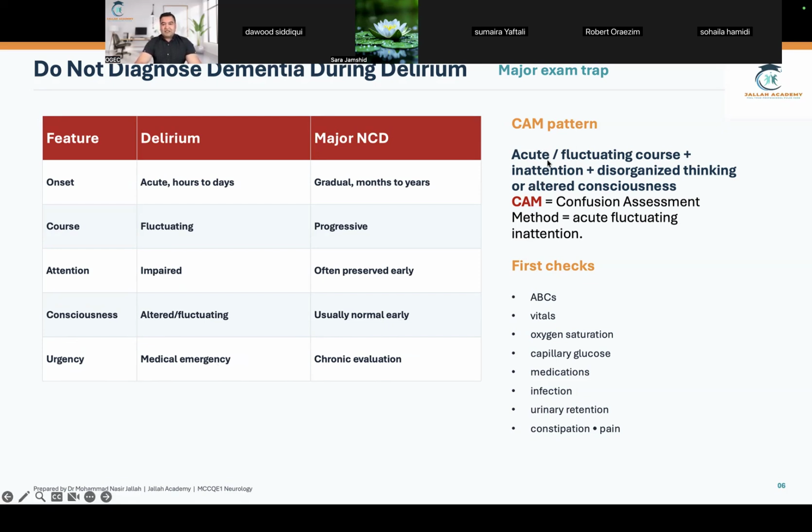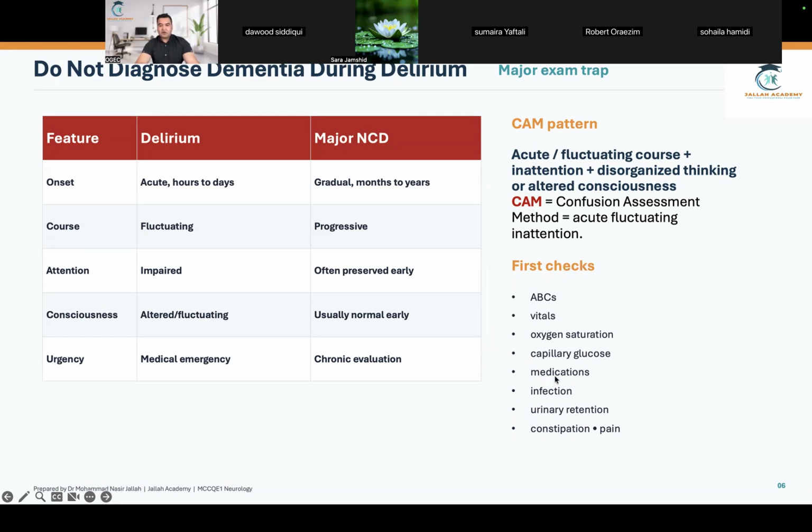So for delirium: acute fluctuating course plus inattention, disorganized thinking, or altered consciousness. Confusion Assessment Method: acute, fluctuating, attention. First, for somebody you think might have delirium, check ABC, vitals, oxygen, capillary glucose, and medication.